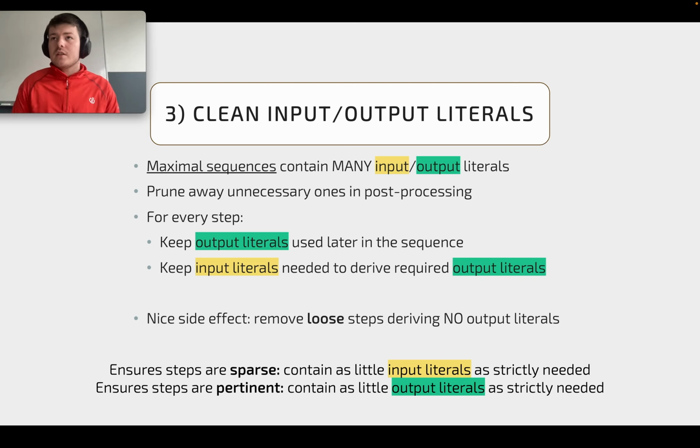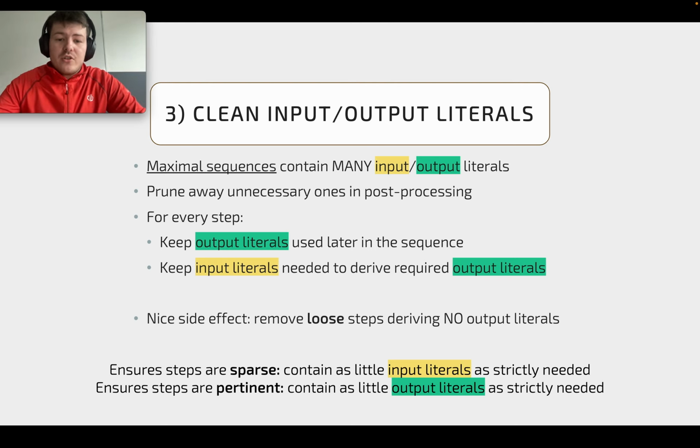So at some point it may be that some step does not have any useful output literal, and then of course you can remove this. But this will not be the case if you do it after deletion-based filtering, as all of the loose and redundant steps will already be gone.